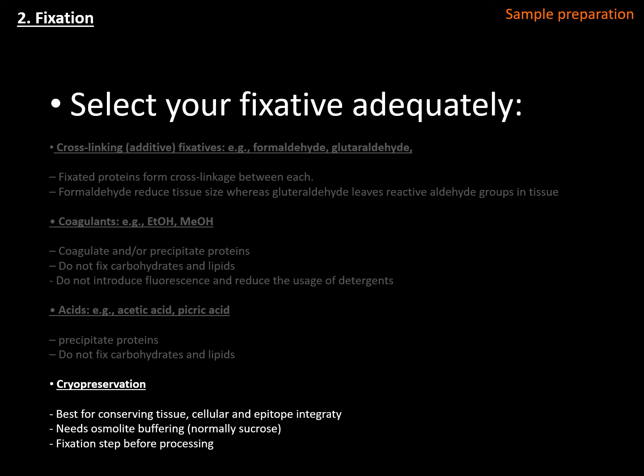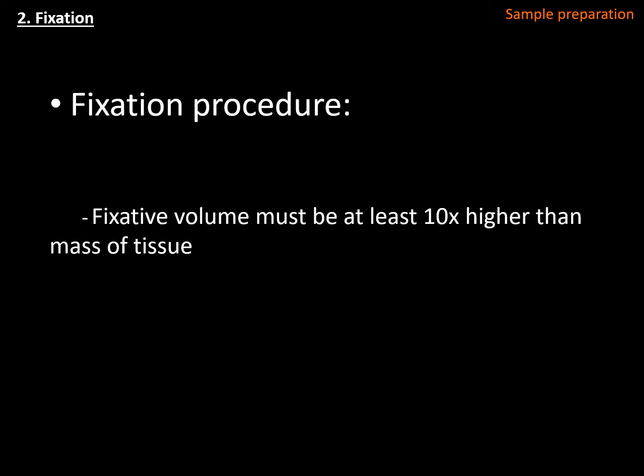However, before fixation, the samples need to be buffered with osmolytes, normally sucrose, in order to prevent the formation of ice crystals inside the cells that will disrupt the tissue and the cells, promoting the leakage of your targets to the outside and to places where they are not supposed to be.